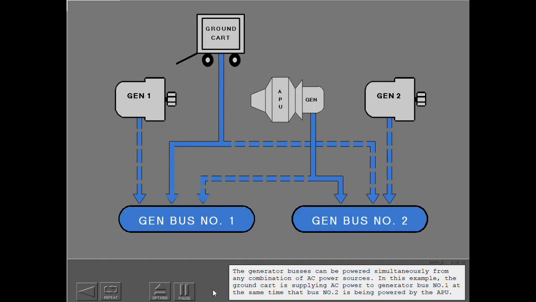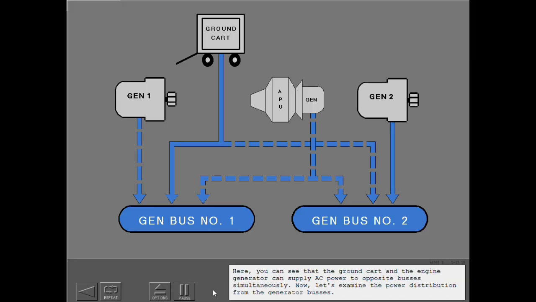The generator buses can be powered simultaneously from any combination of AC power sources. In this example, the ground cart is supplying AC power to generator bus number 1 at the same time that bus number 2 is being powered by the APU. Here you can see that the ground cart and the engine generator can supply AC power to opposite buses simultaneously.